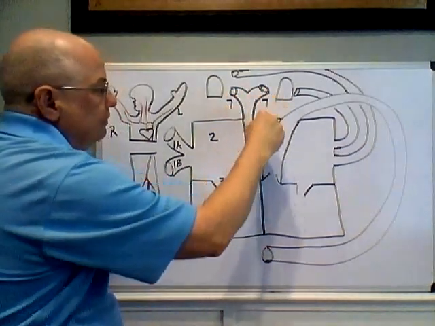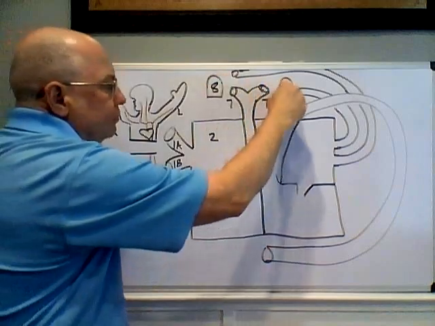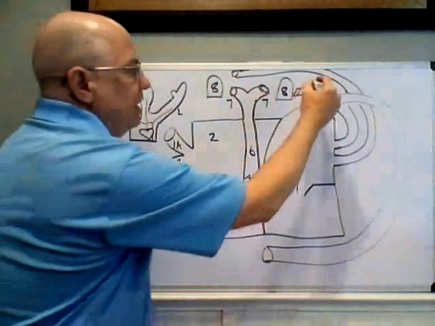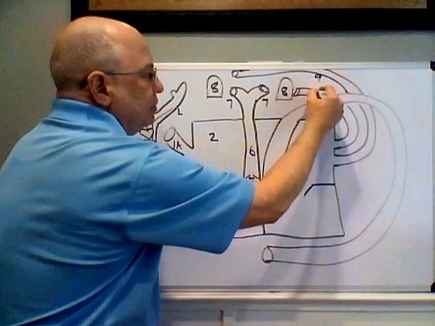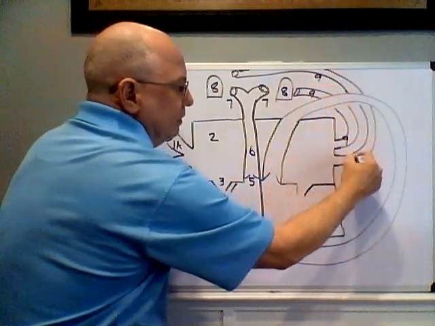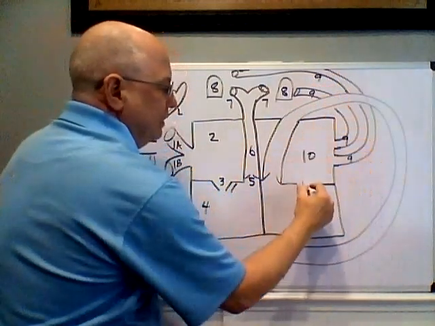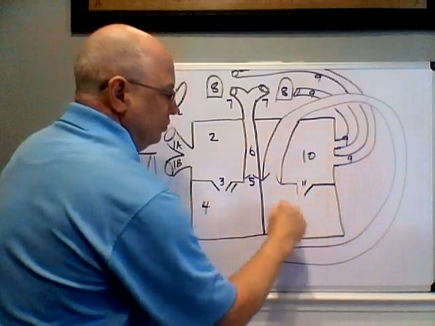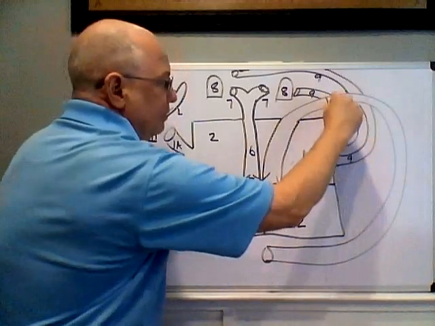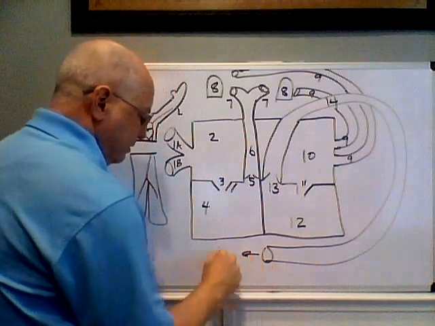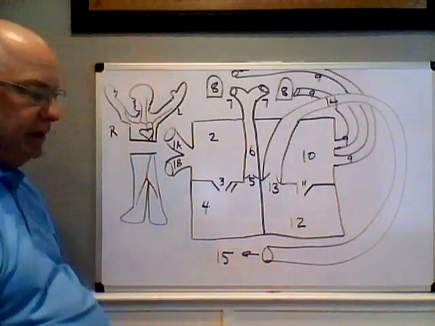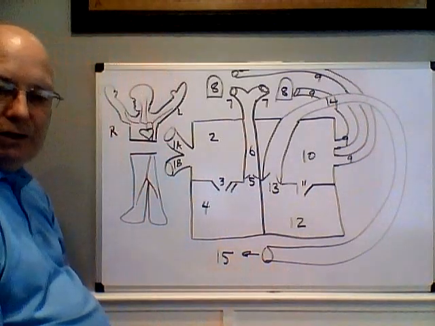These 2 pipes are going to be number 7. Your lungs are represented by the number 8. These 2 pipes are going to be number 9, 10, 11, 12, 13, 14, and then blood is going to come out and go to a certain set of structures.